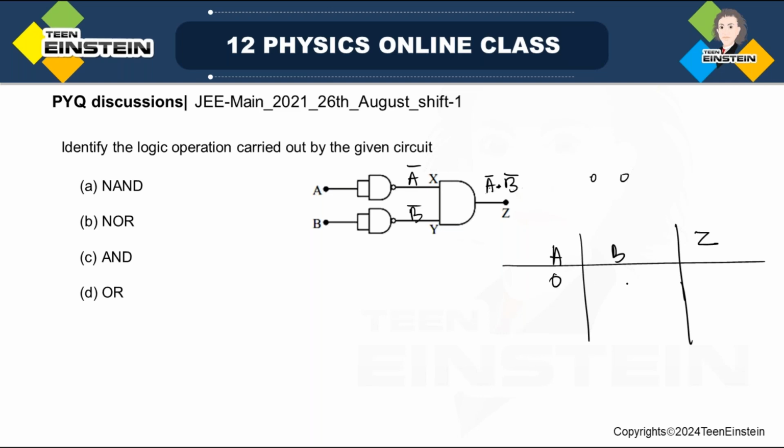If both are 0, 0, so I'll get both are on. If I have one on and the other one off, then on means here it is 0 and this is 1. So this will give you no output. If one is 0, this is on, this is also no output.